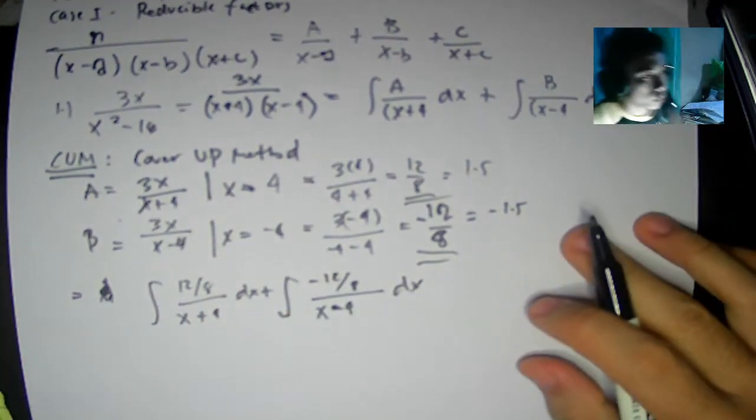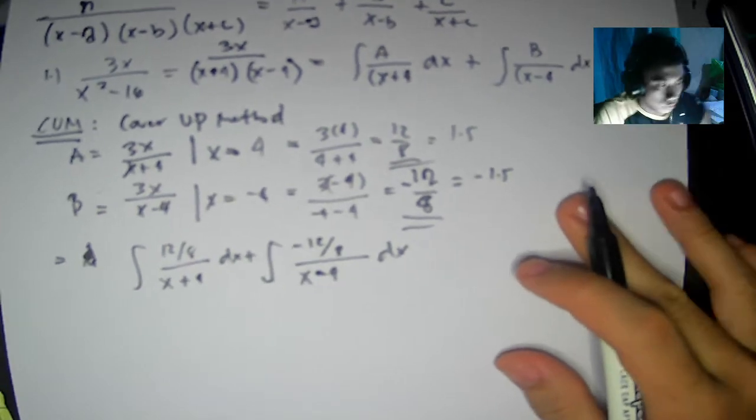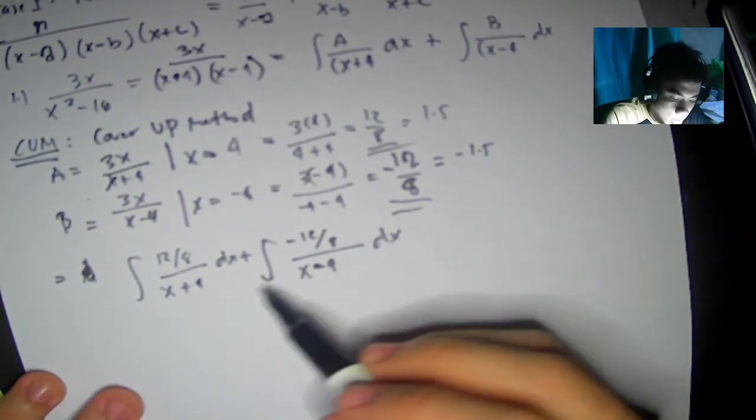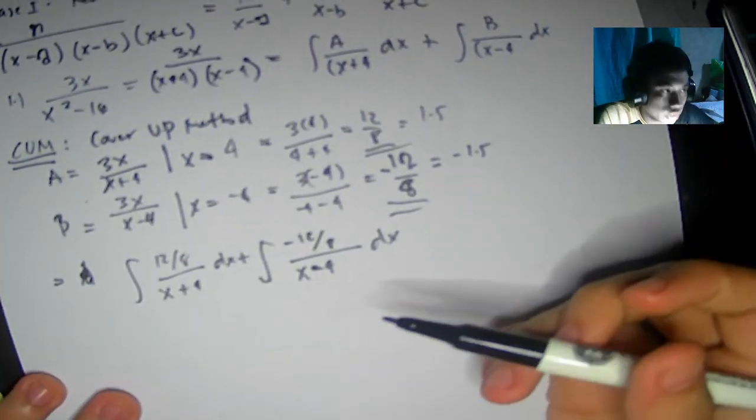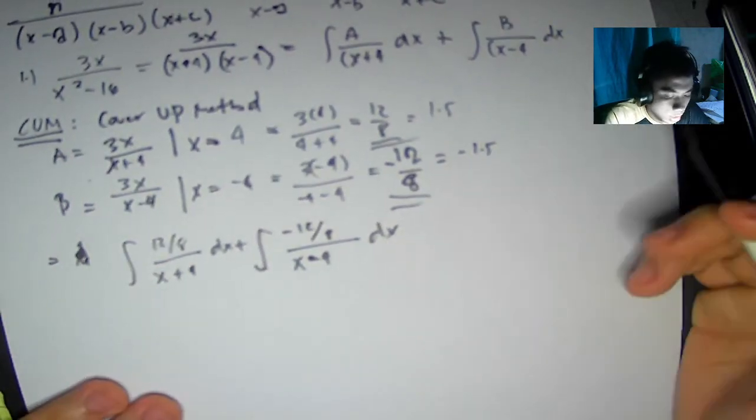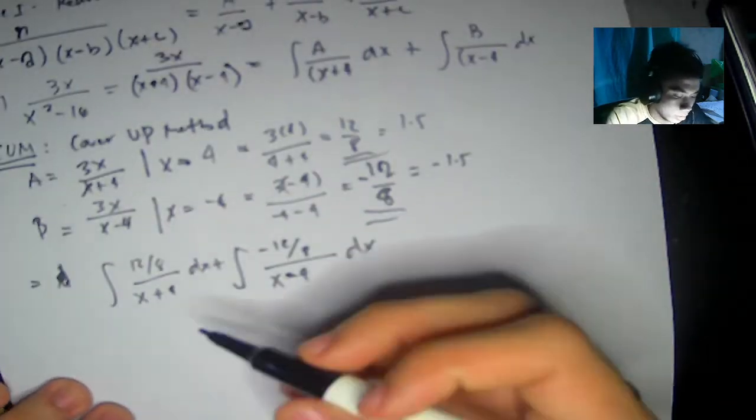We know that with x plus 4 as the denominator, the integral is simply ln.